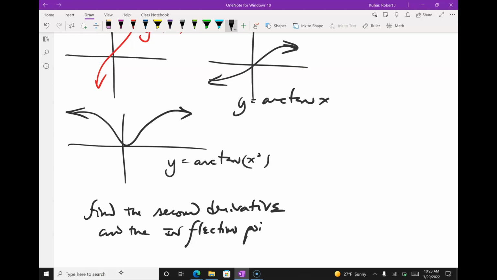I already know that my second derivative is not going to have any points missing. There's going to be no places where the denominator is 0. How do I know that? Yeah, there's no point missing, right? There's no place where this function doesn't exist. And none of my slopes are infinitely steep, right?